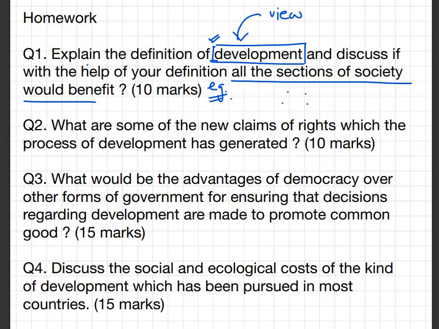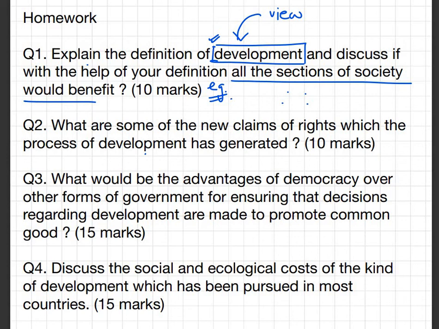Second question, what are some of the new claims of rights which the process of development has generated? Because of the process of development that we are following in our nation, what kind of new claims of rights have come? The rights to a healthy environment, clean water, safe environment, all these rights are coming up in the process of development when we are most focused on modernizing the society, right?